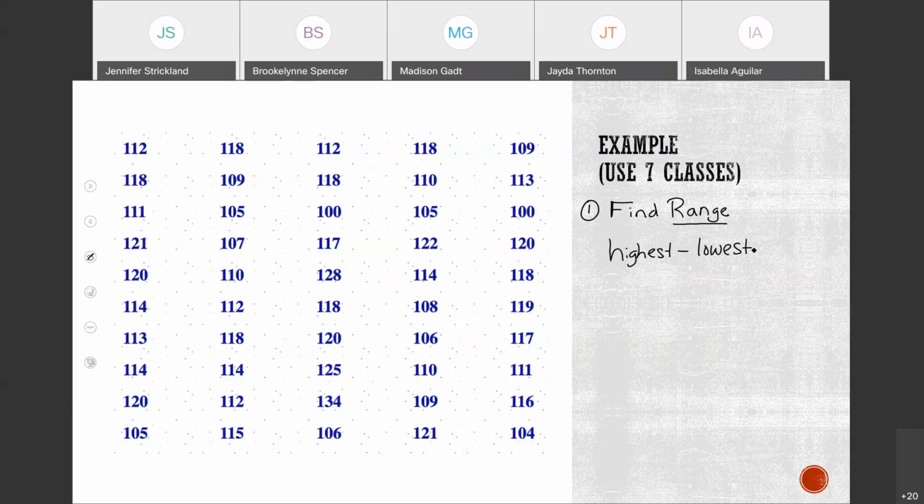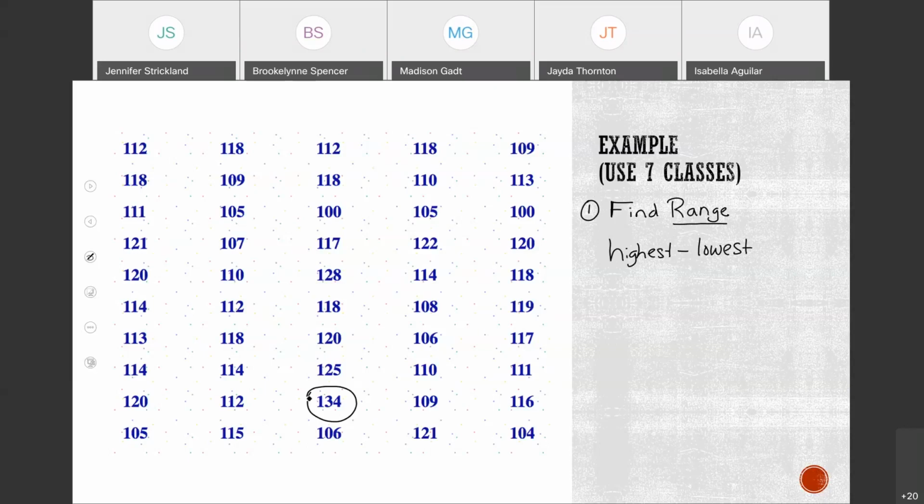All right, so let's find in our data set our highest number and our lowest number. What is the highest number that we see? 134. I'm going to circle the 134. Does anybody see anything bigger than 134? Okay, I think that's it.